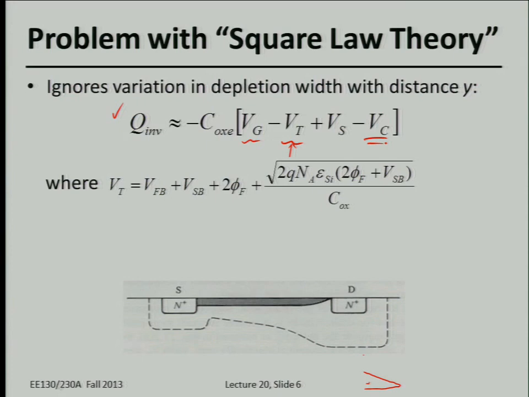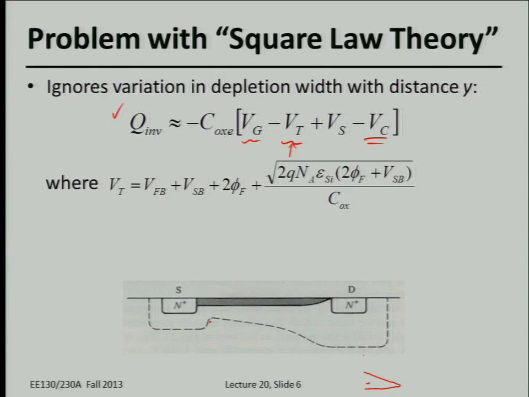Okay. But think about reality. Once you have a MOSFET channel like that, and the gate voltage is above the threshold voltage, you're going to have a non-uniform depletion charge distribution, right? Like illustrated here.